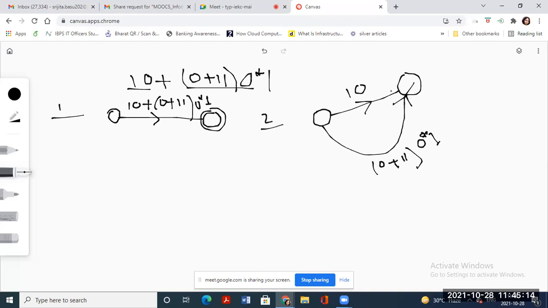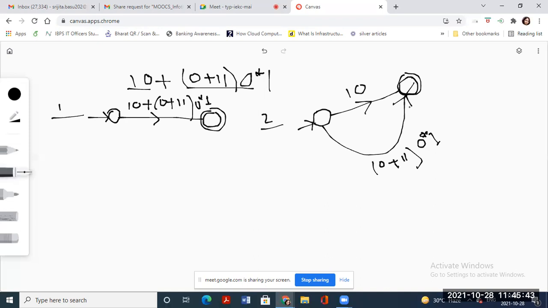So either this will occur or that will occur. How do we understand? Because there's a plus sign, it's a union. So either 10 will happen or 0 plus 110*1 will happen. Therefore this is our single final state, this is our initial state, and we put two alternative paths, one via 10 and one via 0 plus 110*1. So this is the first step that we are going to do.